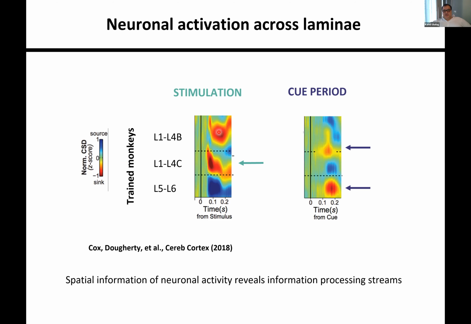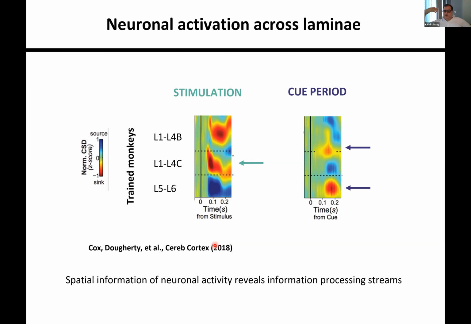Here you see a peak at the top and a negative peak at the bottom, whereas in the other condition, you see a positive peak where there was no peak at all. The take-home message from this slide is that laminar profiles in the electrophysiological response change depending on stimulus condition.